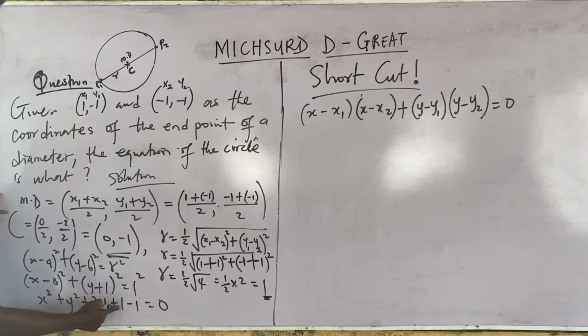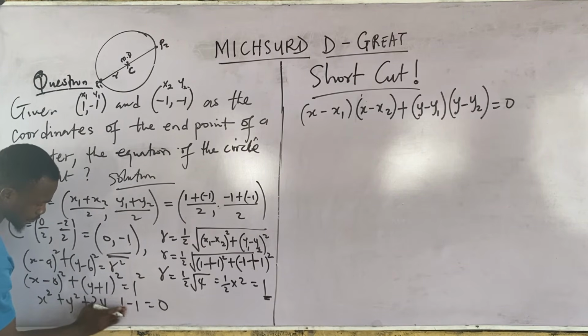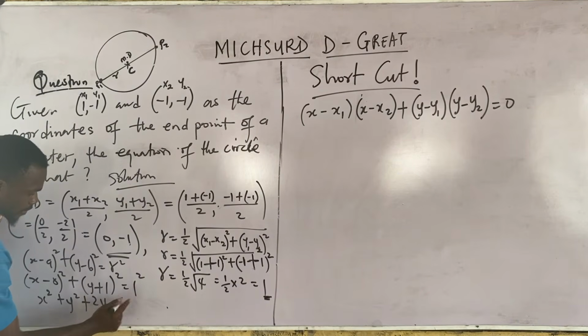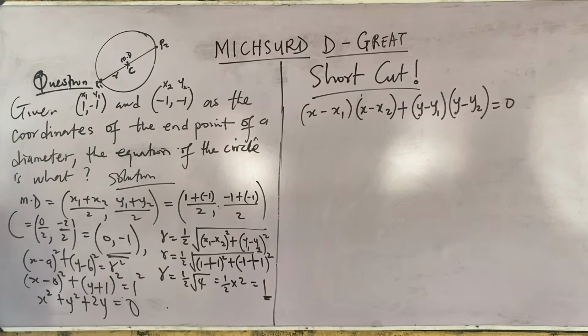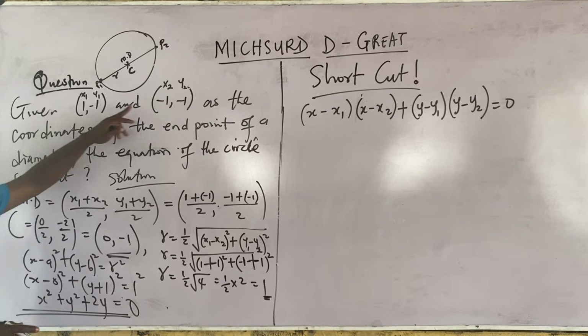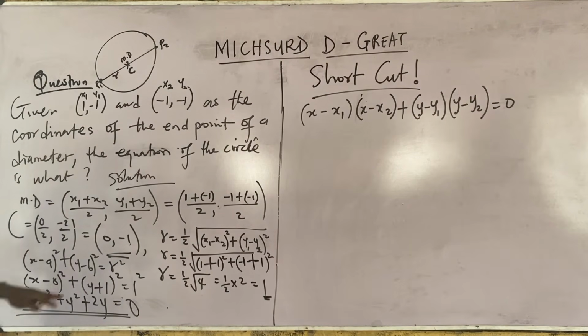So we can see clearly that 1 minus 1 is 0, so this one cancels out with this, and we are left with just this. So that means the equation of the circle for these 2 points of the diameter is given as x squared plus y squared plus 2y equal to 0.